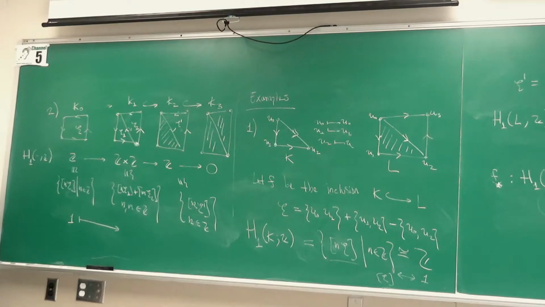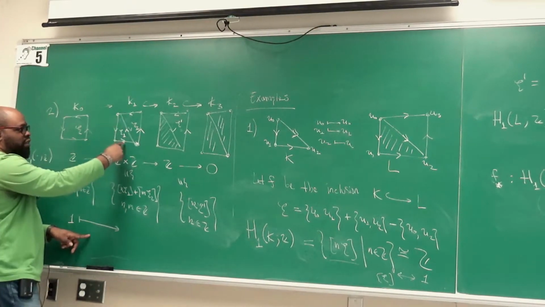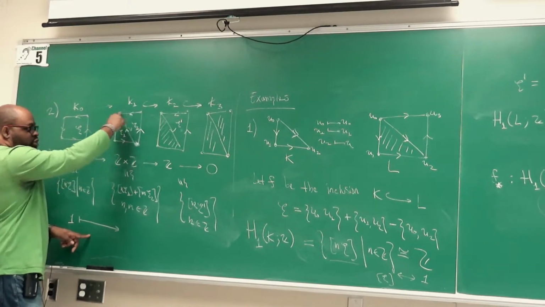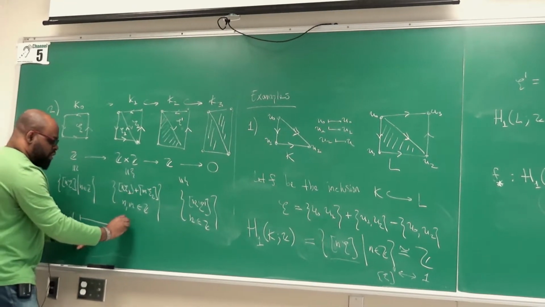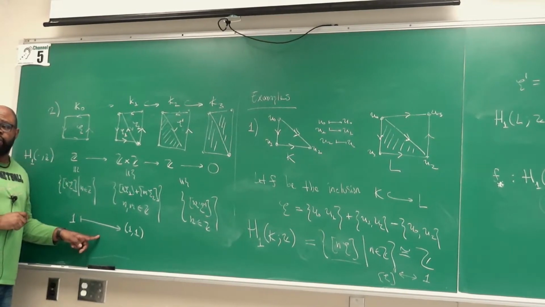Any guesses? Yep. Zeta 1 plus zeta 2, right? Because it would be zeta 1, this guy, and then plus zeta 2 would kill this diagonal and get you the other one. So zeta 1 plus zeta 2 would be 1 comma 1. Correct?